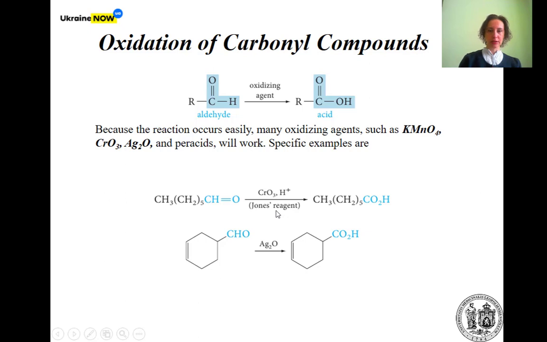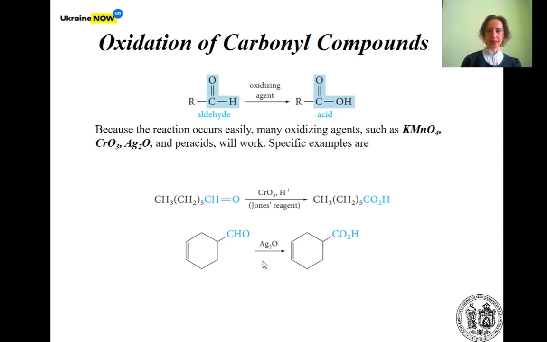And similarly here, the aldehyde group is oxidized, but please pay attention, the double bond is untouched in this reaction. Silver oxide is an expensive reagent for synthetic processes, but it can be used in a specific test for aldehydes.